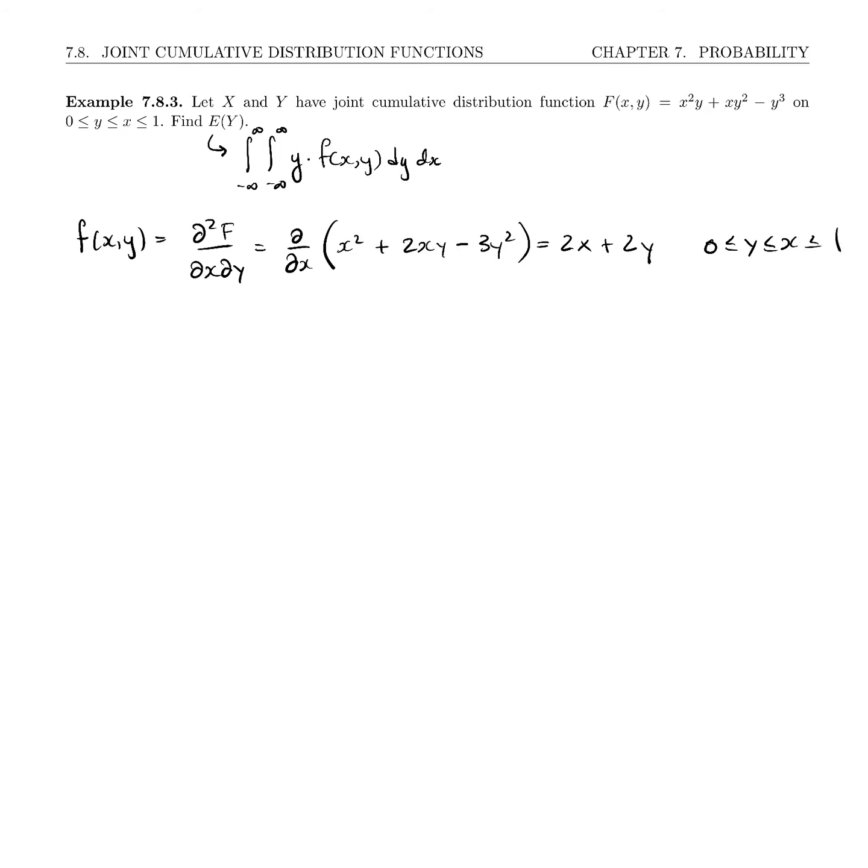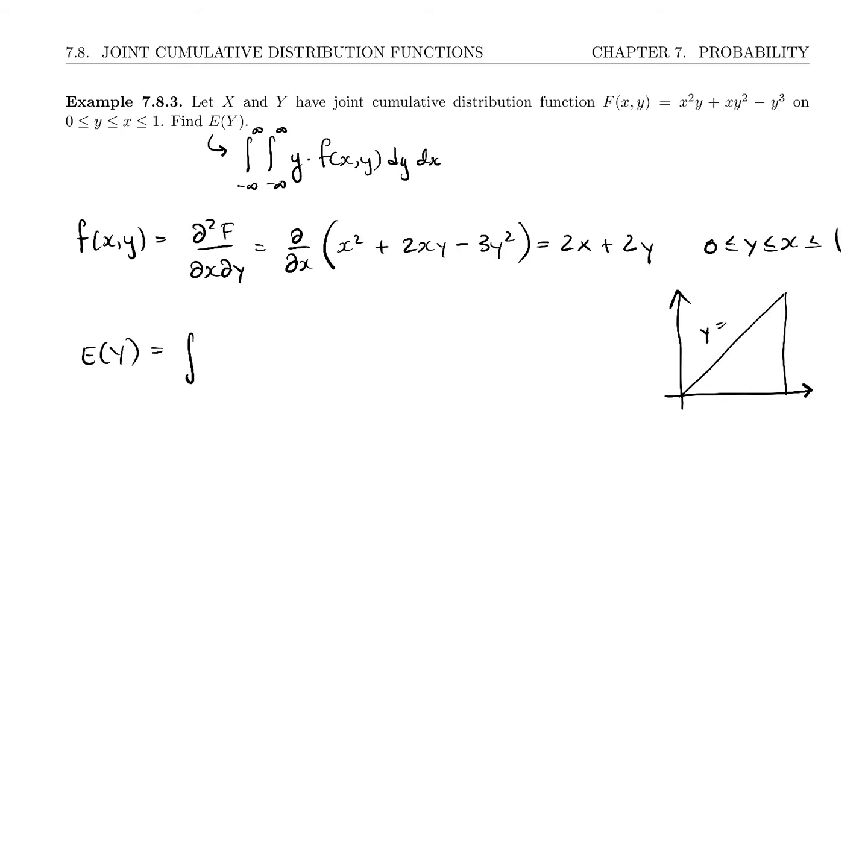So if we want this expected value now, this double integral, let's look at the support and write this double integral immediately with the correct bounds. So we have 0 is less than or equal to y, which is less than or equal to x.